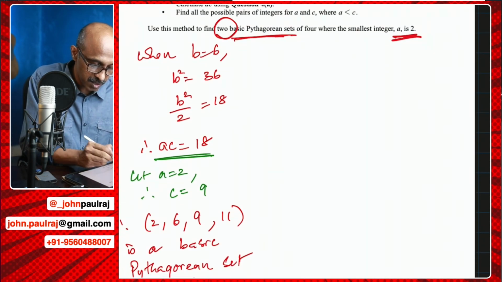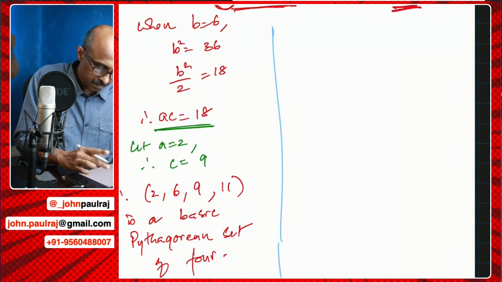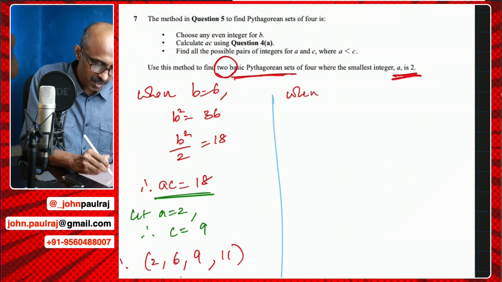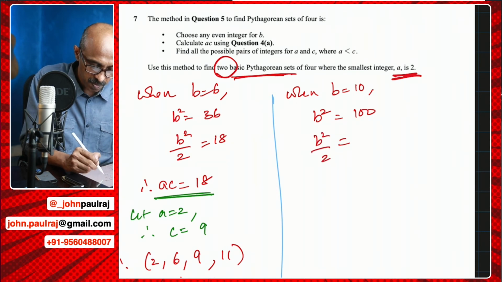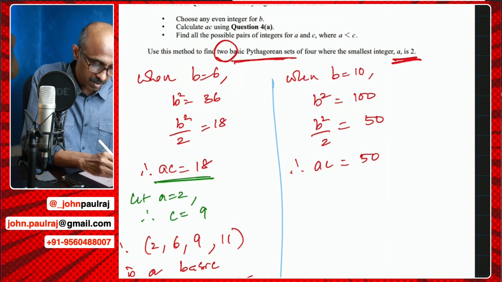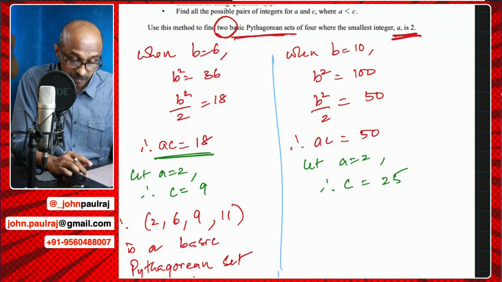And we need to find 2 such using this method, so let's do that also quickly. Just draw a line here. So B is equal to 6. Let's do one for B equals 10. We need an even integer, right? When B is equal to 10, B square is going to be equal to 100. B square over 2 would be 50. That means A times C will be 50. And we need A to be 2, remember, that's what they said. The smallest integer A must be 2. So let A be 2, C must be 25, because A times C is 50.